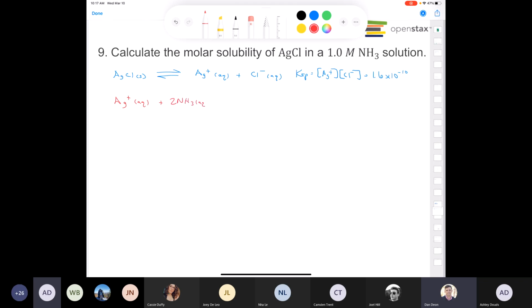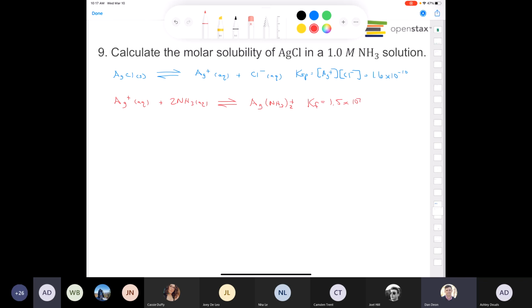And if you're saying, Mr. Dion, didn't we look at this already two times today? Yes. Then we can form this Ag(NH3)2+ coordination complex. That has a Kf equal to 1.5 times 10 to the power of 7.